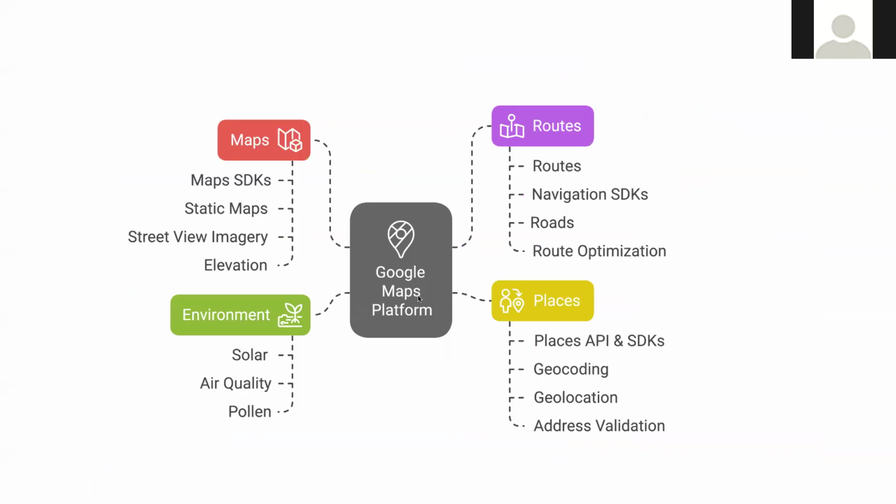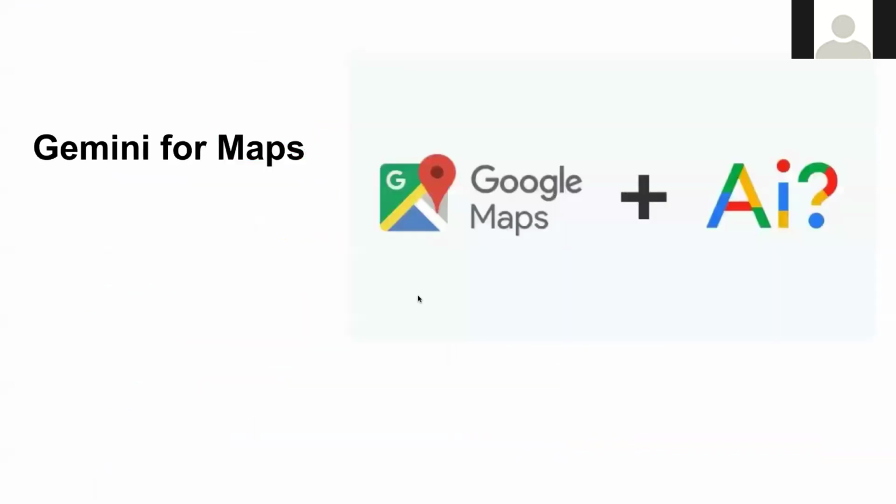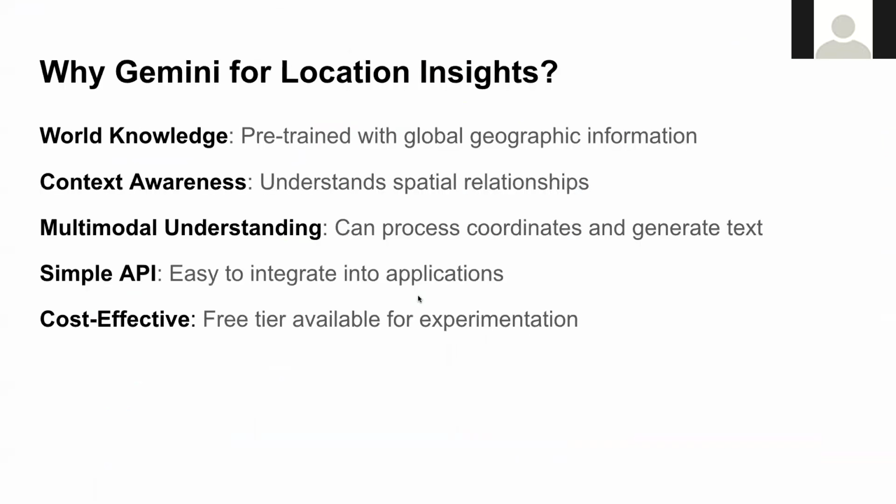Now, if we want to integrate them, before that, we may want to know why we want to use Gemini for location insights. Basically, we can say it's an ideal choice for enhancing locations with meaningful context, for several reasons.